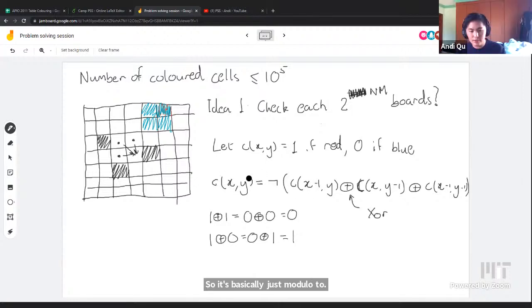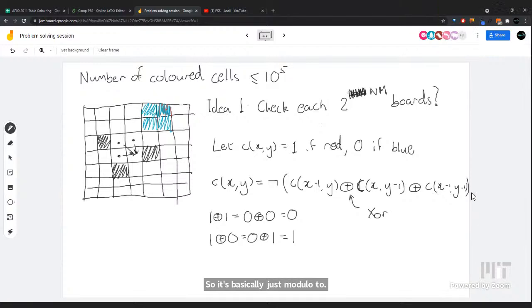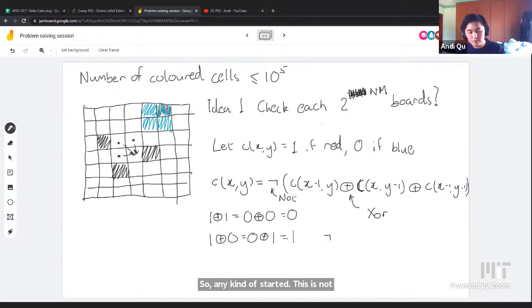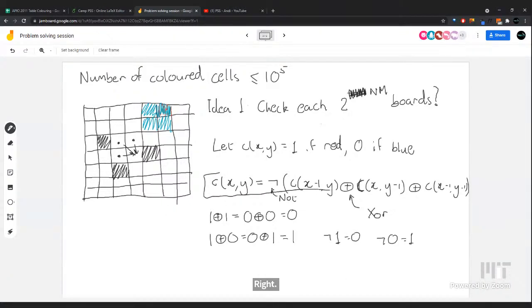So this is like a recursive sequence, right? And what is this not? Not 1 is 0 and not 0 is 1. Right? So does everyone agree with this formula?